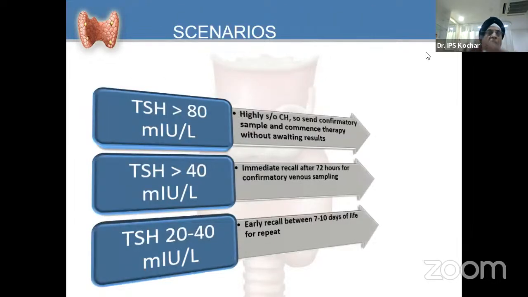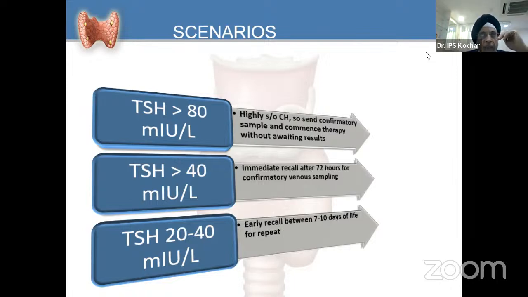Now, this is a very nice scenario. If a baby is born with a TSH of more than 80, this is highly suspicious of congenital hypothyroidism. Send a confirmatory sample and commence therapy without waiting for the results. If the TSH is more than 40, call the baby back after 72 hours and do a confirmatory venous sampling.